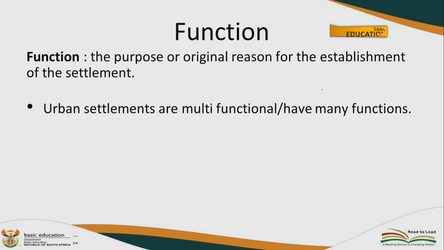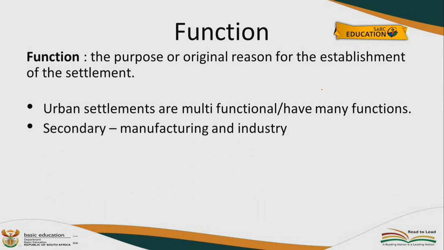Okay, let us look at the next point that I did indicate. Urban settlements are multifunctional. They have many functions. Which functions are we talking about? We are talking about secondary activities. What do we do in secondary? Manufacturing and industries. That's where we have industries that are processing and manufacturing these goods.